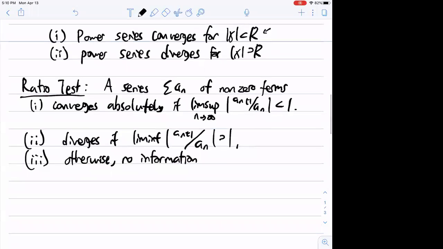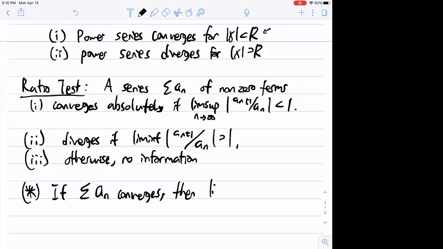So these are mainly the two important tests. I'm sure you learned a lot of tests in Math 2B, but these two are probably the biggest ones. And then another one is the statement I'll call star: if the sum of a_n converges, then the terms have to go to 0.